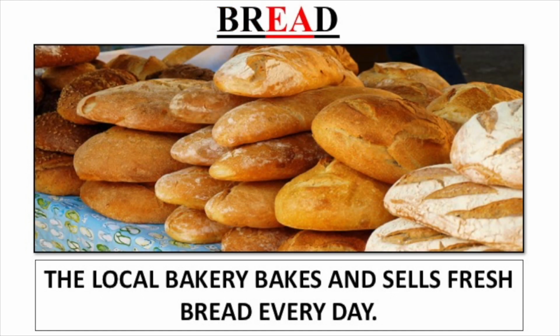Now look at the letters in red. What letters can you see in red? EA. So the E sound is spelt EA in feather. Bread. The local bakery bakes and sells fresh bread every day. And what letters can you see in red? EA.